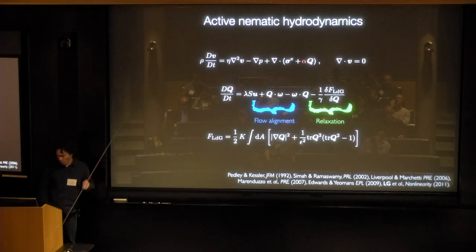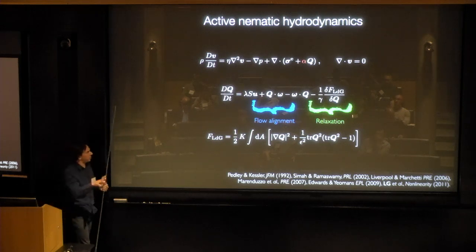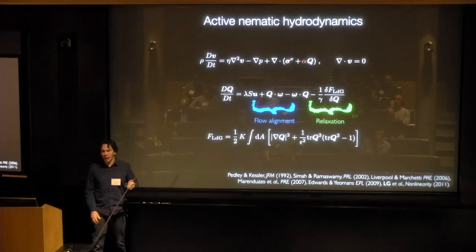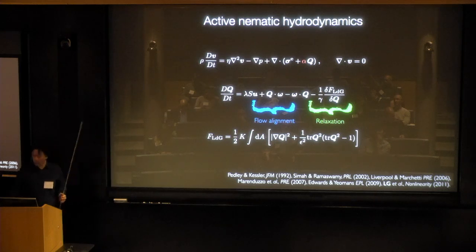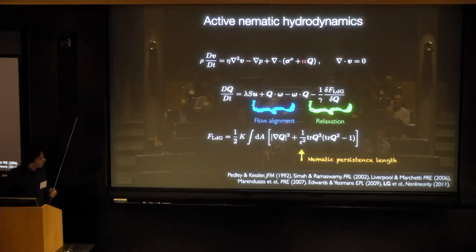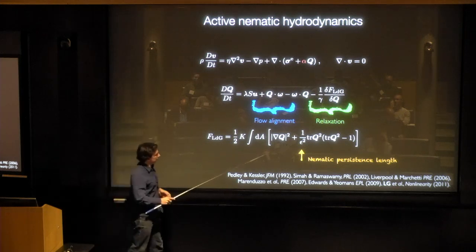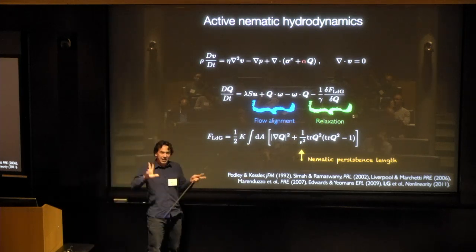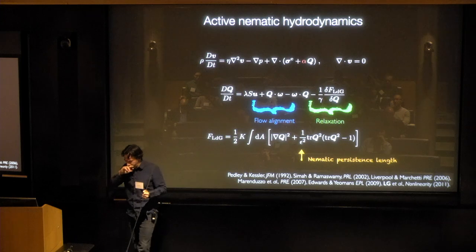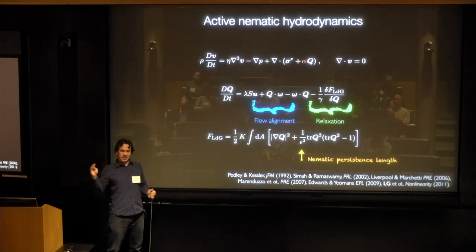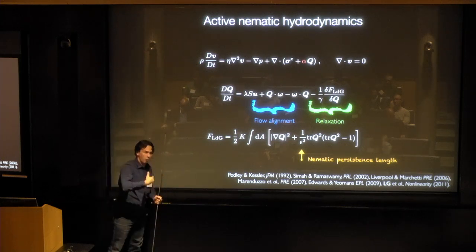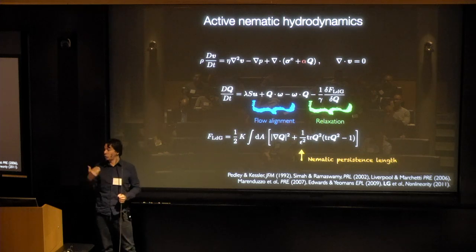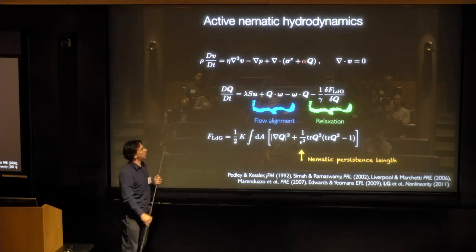The reason I'm flashing these equations is because I don't want you to remember them, but I want to point out that there are actually two length scales embodied in these equations. One appears inside the free energy, and it's some kind of nematic persistence length, namely, a length scale that tells you how quickly the order parameter drops, for instance, in the neighborhood of a topological defect or a boundary layer and so on.